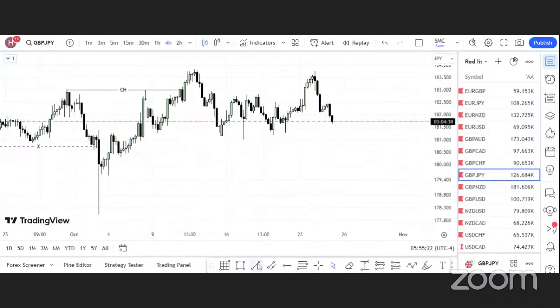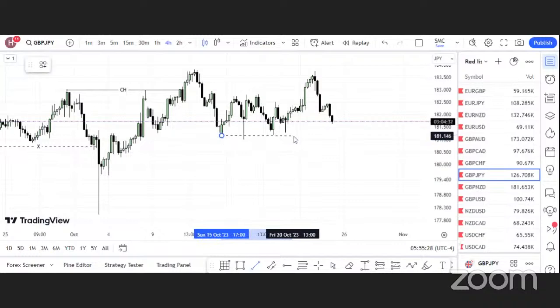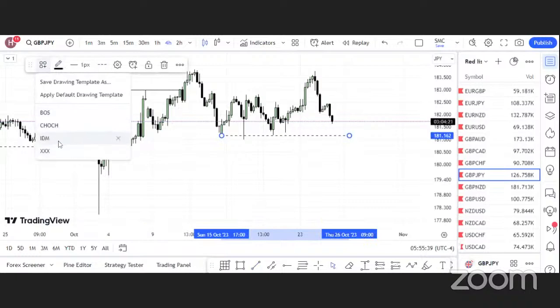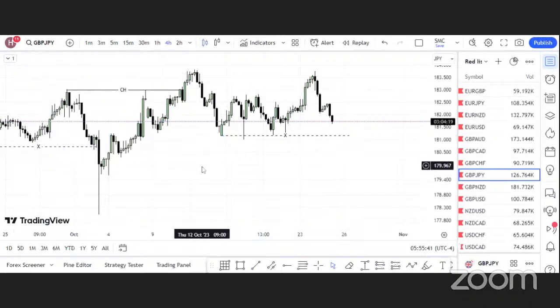So right now we have this liquidity area. Yeah, this is a liquidity zone. All right.